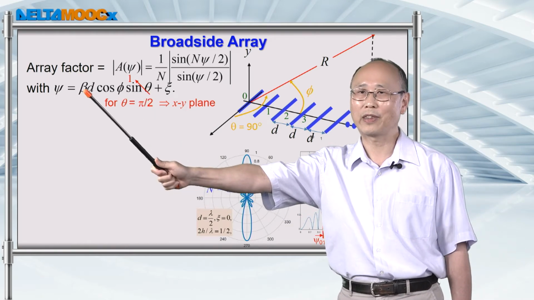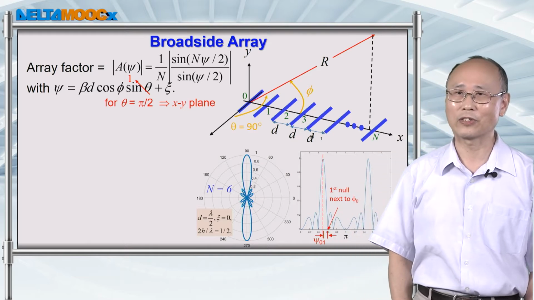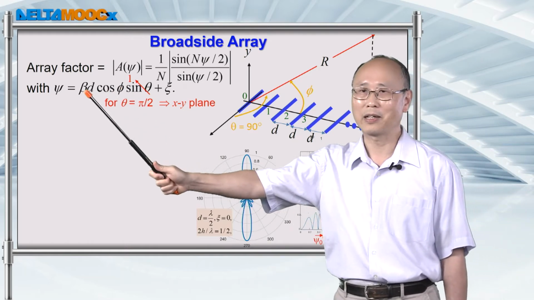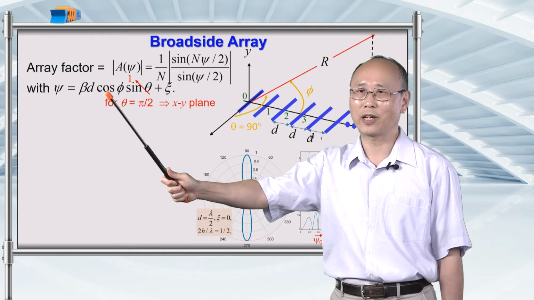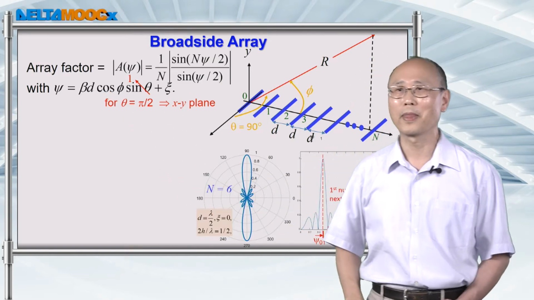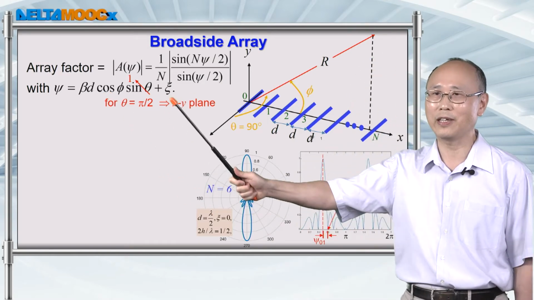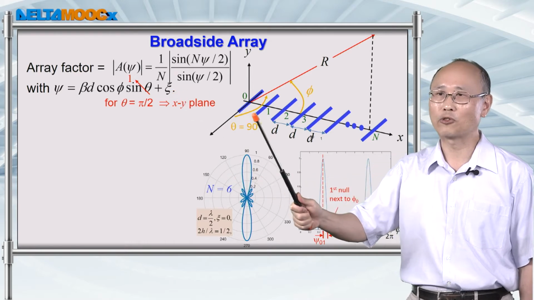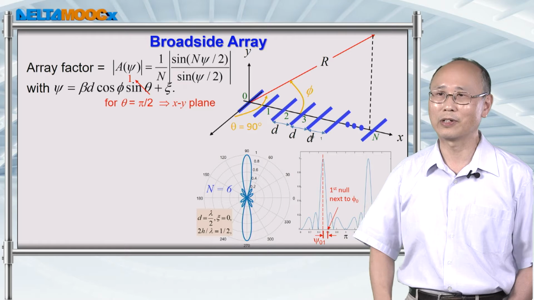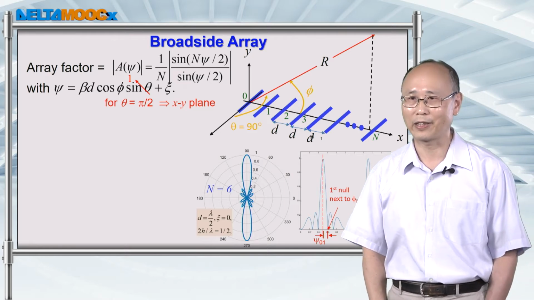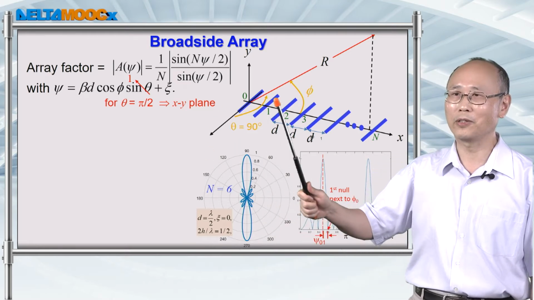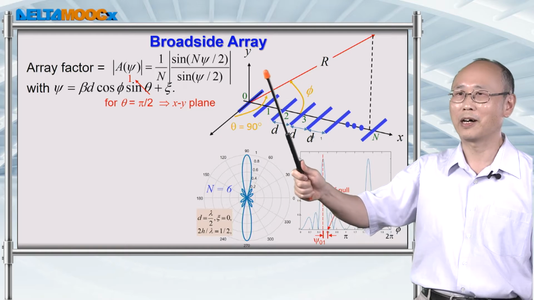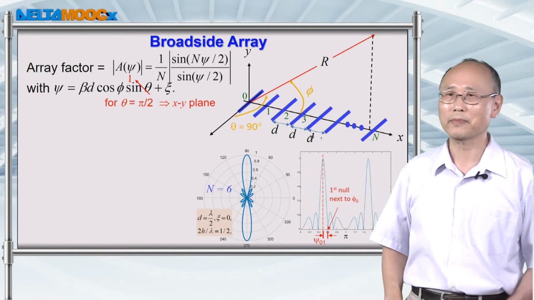We simplify this phase difference psi to be beta d cosine phi plus c. And don't forget that c is the phase difference between the driving currents for two adjacent antennas. So we'll be looking into the radiation pattern on the xy plane.